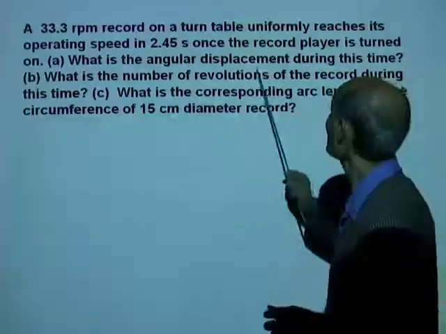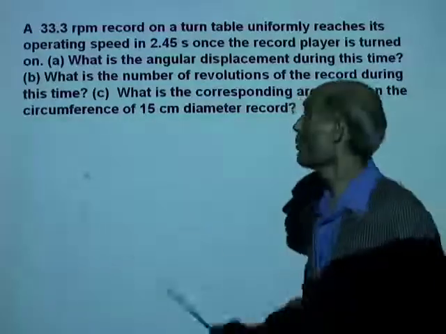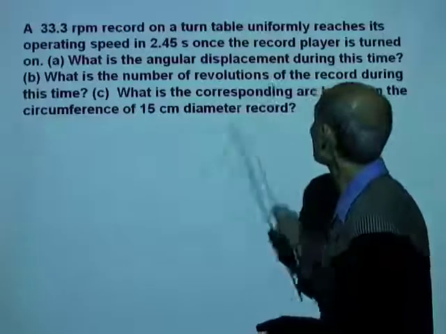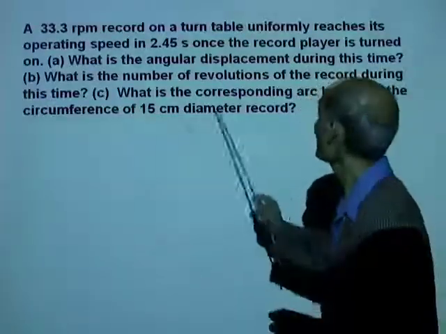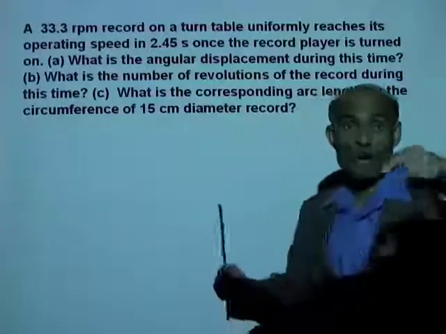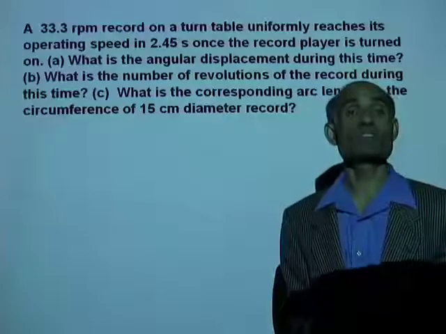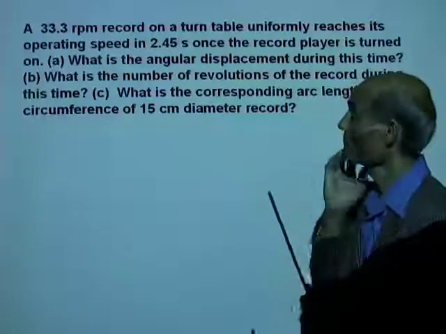What is the angular displacement during this time? What is the number of revolutions of the disk during this time? What is the corresponding arc length on the circumference of the 15 centimeter diameter record?